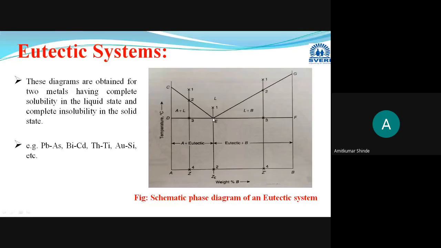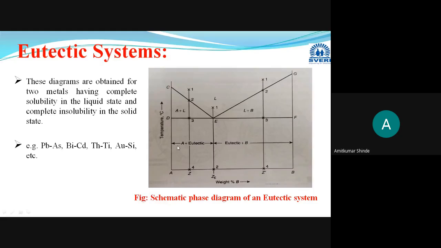Now, this point E, which I have marked here, is the intersection point of line CE and line GE. This will be termed the eutectic temperature, and this eutectic temperature will be the minimum melting point of that particular alloy.